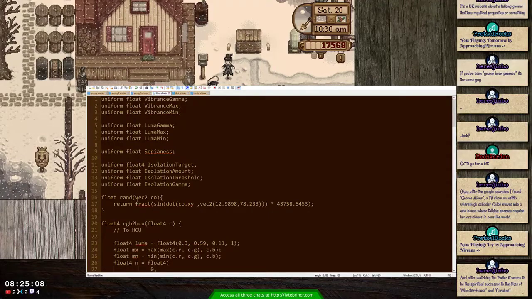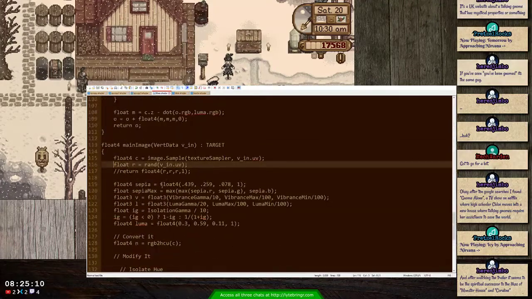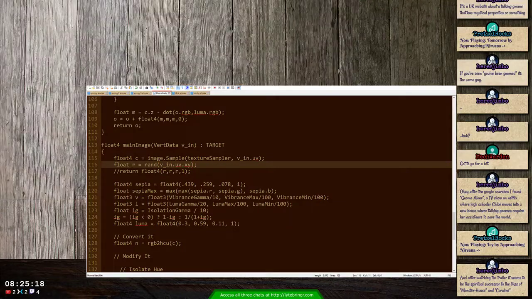Oh, it's sending in a vec2. Okay, step one, just make sure the rand function works.